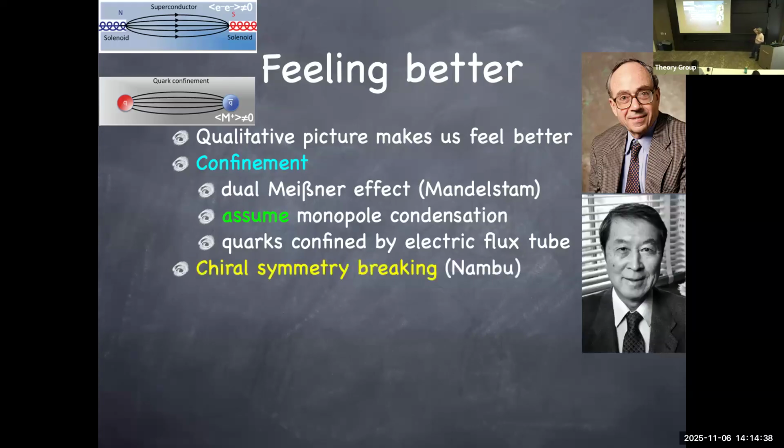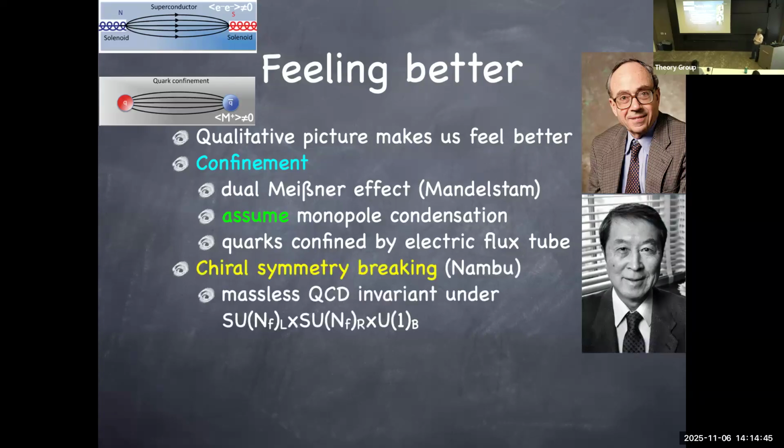And what Nambu told us is that the lightness of the pion is a consequence of this idea of spontaneous chiral symmetry breaking. It's really amazing that even without knowing about quarks or the QCD Lagrangian, he could see that there is the secret SU(Nf) cross SU(Nf) global symmetry in strong interaction physics, which is supposed to be broken to SU(Nf) by a q-bar-q condensate. In his paper, it was a nucleon-nucleon condensate, but it's the same thing as far as the flavor symmetry goes.